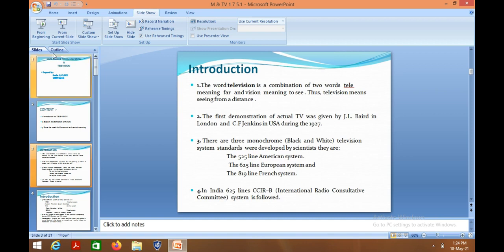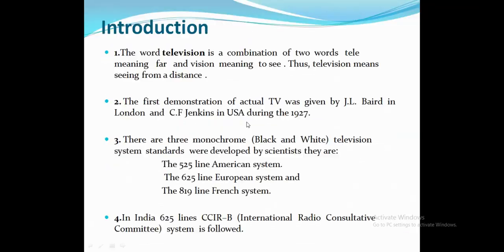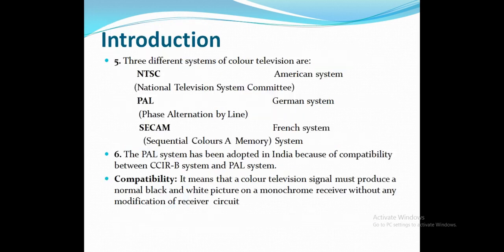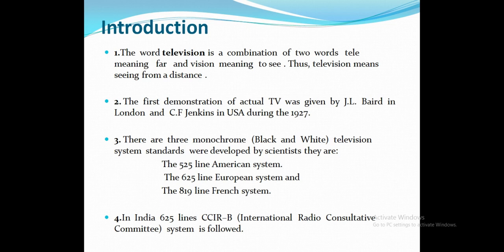So once again, see, television means a combination of two words, tele and vision. Tele means far, vision means to see. The overall meaning of television is seeing from a distance.